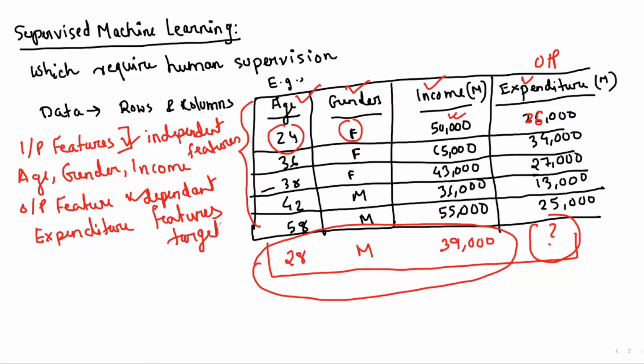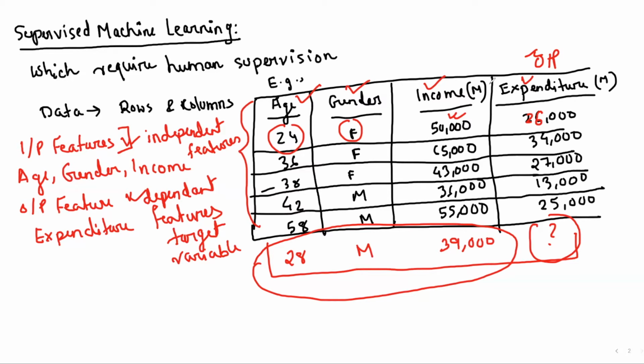Target variable we can also say. Now why target variable? Because this is the target we need to find out, right? We need to predict the output. So input and output. This is a small terminology check for you guys.